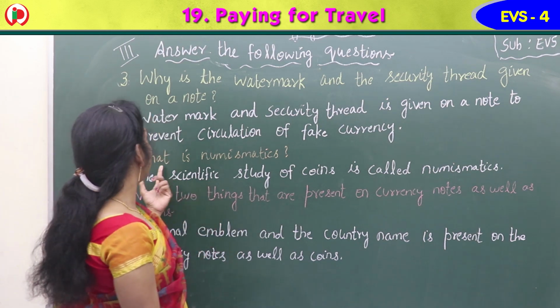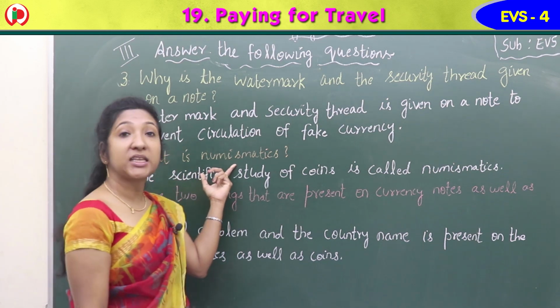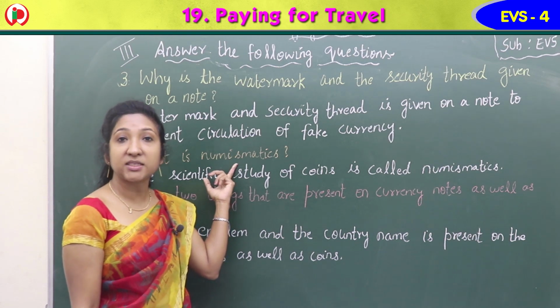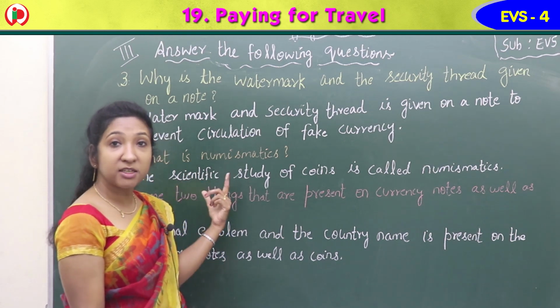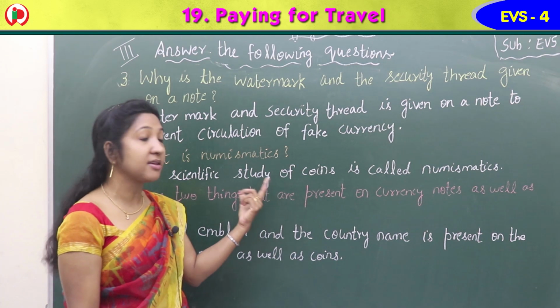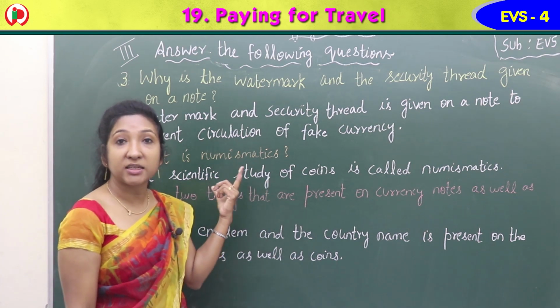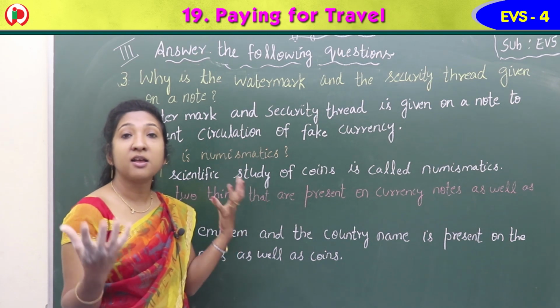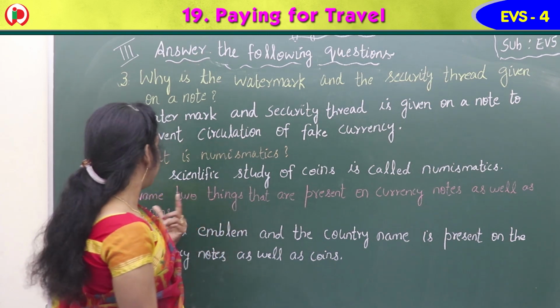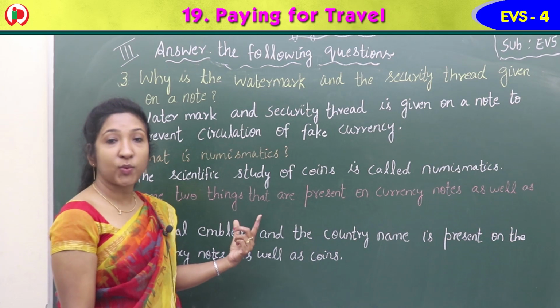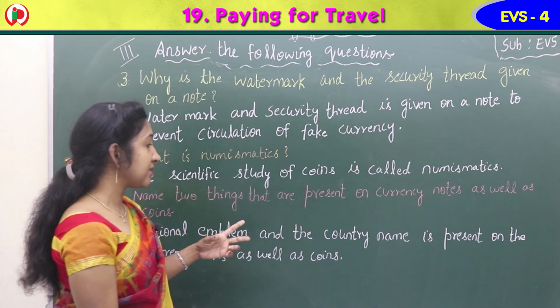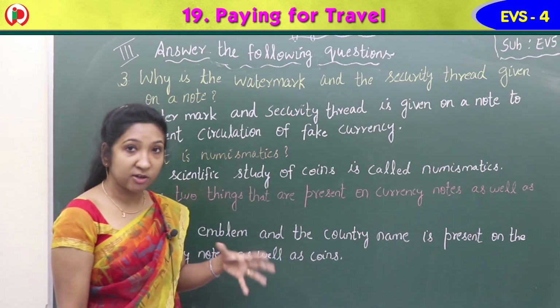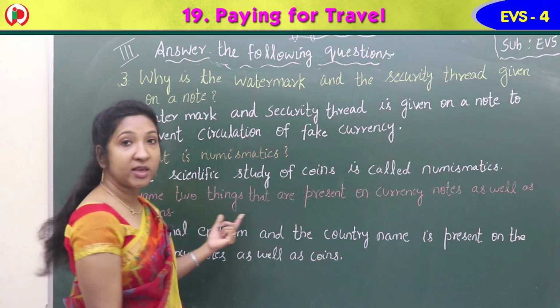Now the fourth one, what is numismatics? Answer: the scientific study of coins is called numismatics. Collection of coins, so study of coins is called numismatics. Now the last question, fifth question: name two things that are present on currency notes as well as coins.